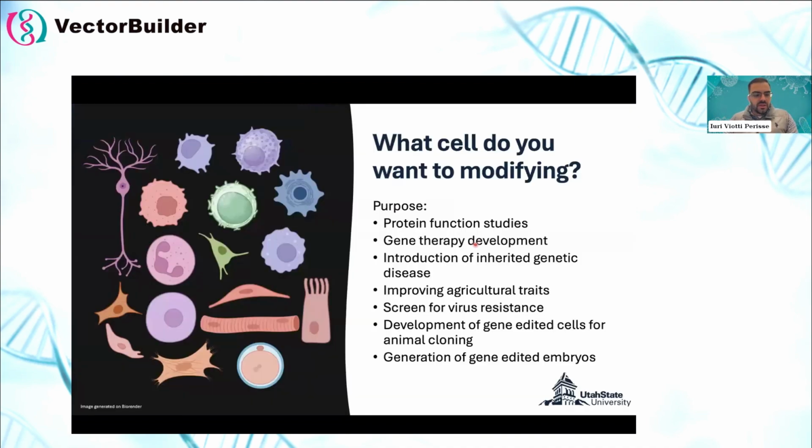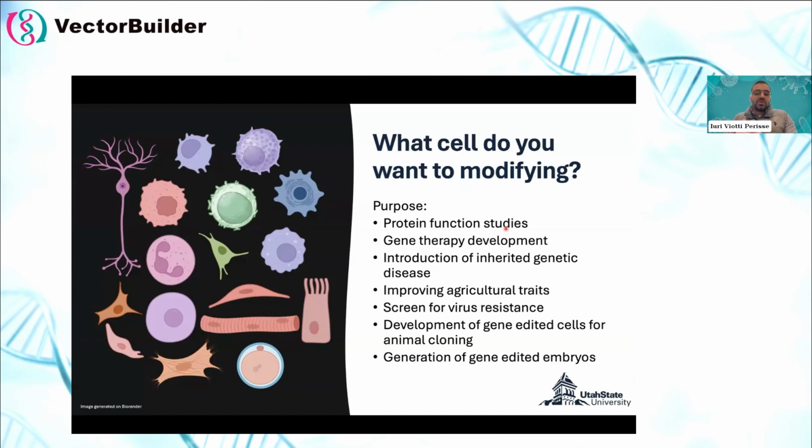Oh, there you go. So I think the first question that we need to ask is, what kind of cell are we using to work? But that will actually start with what's the purpose of the genetic modification we want to accomplish. So that could be a protein functional study, that could be a gene therapy development, or producing a model for a genetic disease that we want to study and understand better how that genetic disease works.